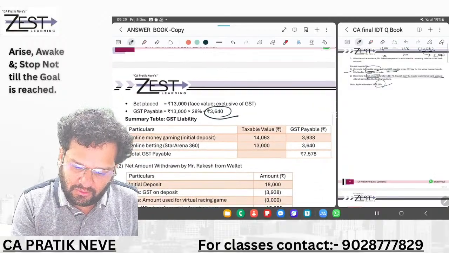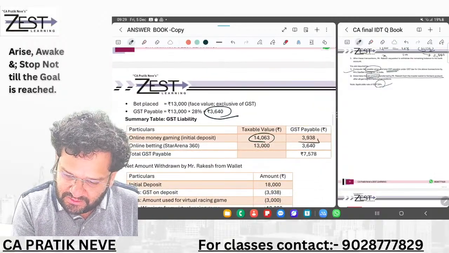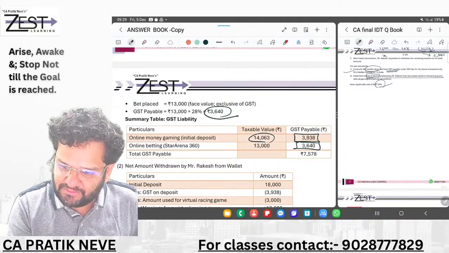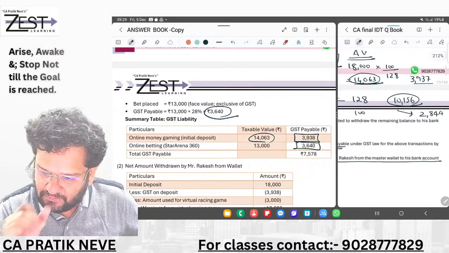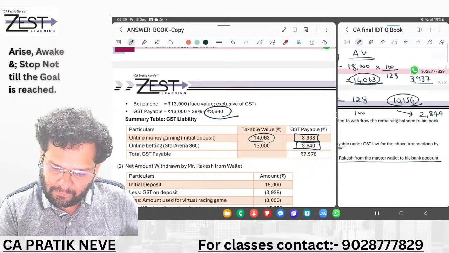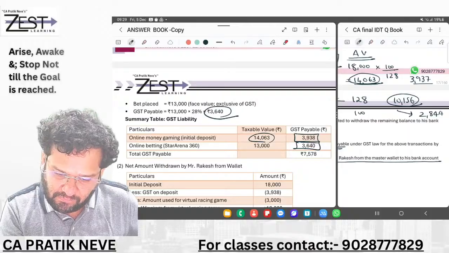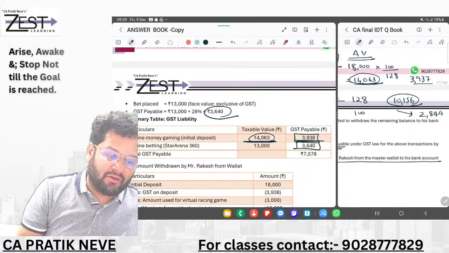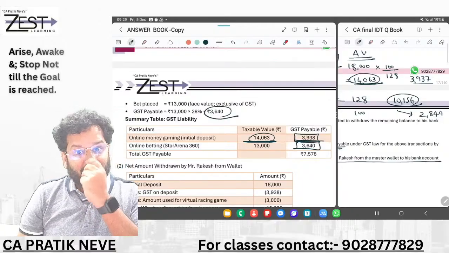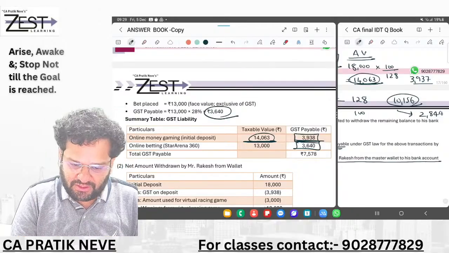So now, as we discussed, these will be GSTs. See, we discussed the same thing. 14,063, 3938. One thing I should explain: 13,000 was deposited.